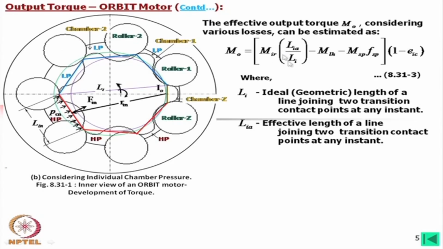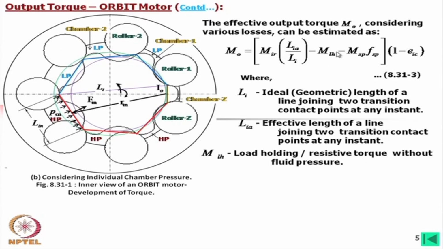So, that is there. Now, what is MLH? It is called the load holding resistive torque without fluid pressure. This can be calculated or found out experimentally if there is some interference.